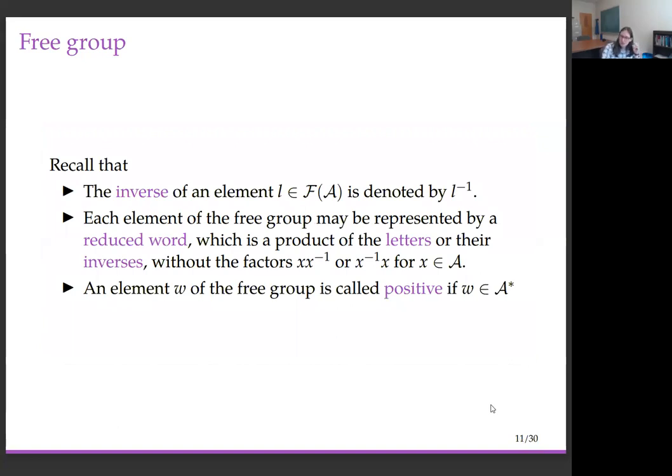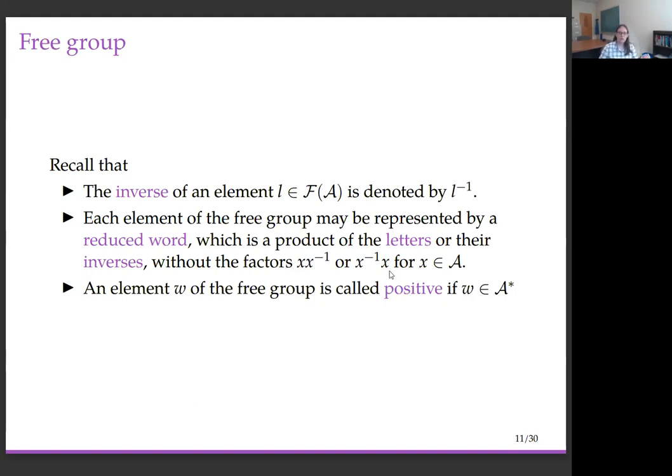Just to recall some definitions about the free group generated by the monoid A star. The inverse of an element will be denoted by L exponent -1, and each element of the free group can be represented by a reduced word, where the word won't contain the factor x x^-1 or x^-1 x.